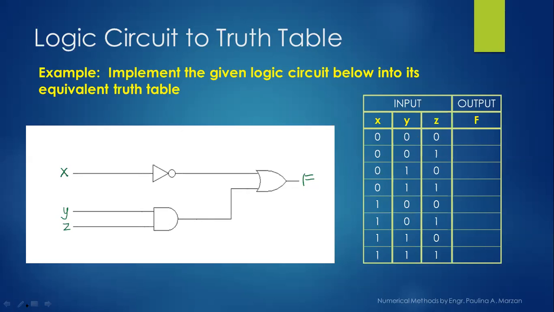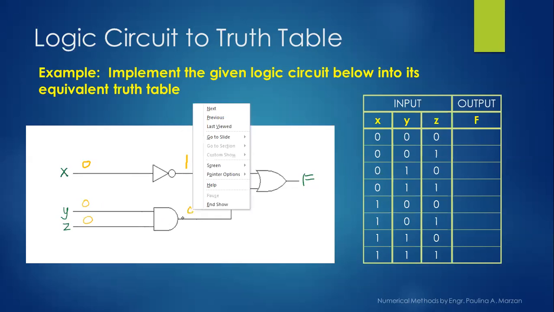So in our logic circuit, if x is 0, y is 0, and z is 0, in this terminal, the value is 0. Taking the value of our input x, on the other side of the NOT gate will be not 0, so that is 1. So if we have 0 and then 0, on the other end we will get 0.